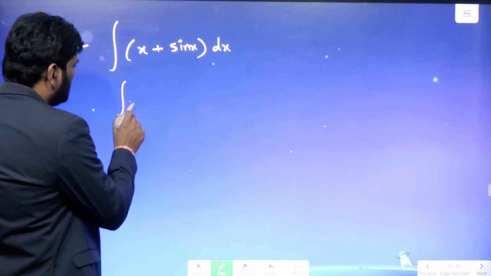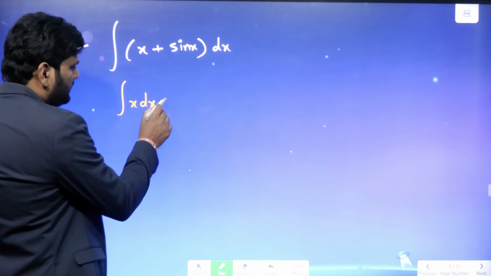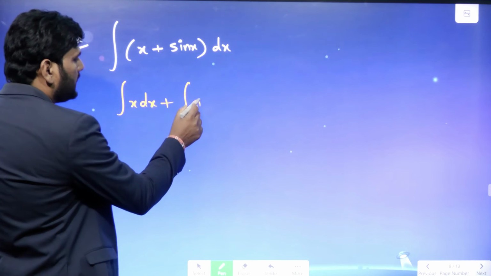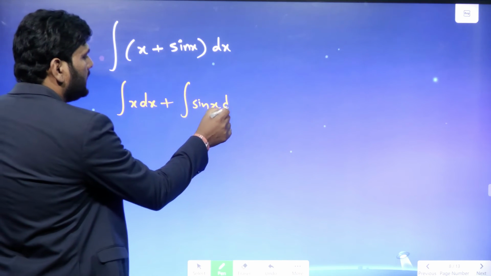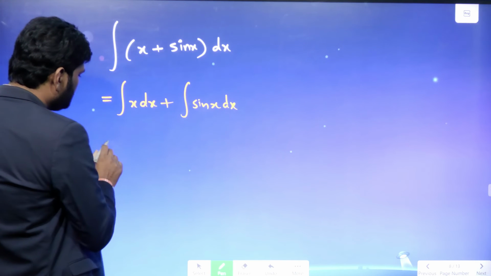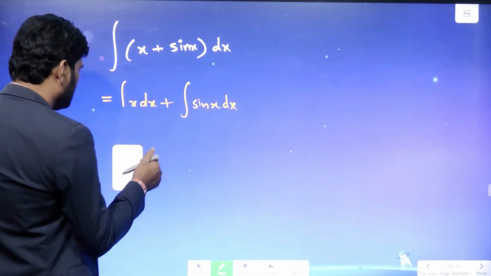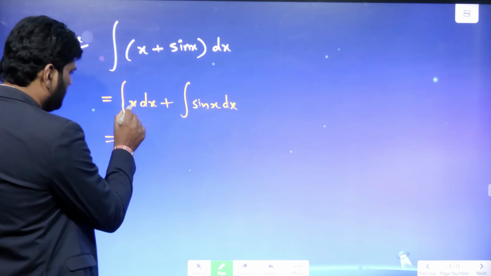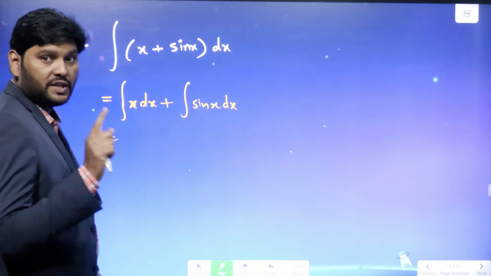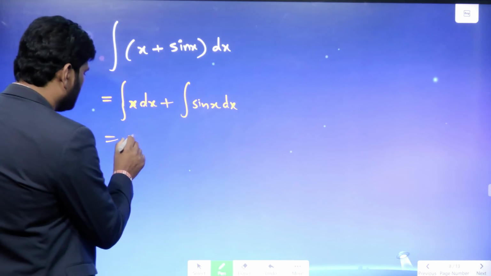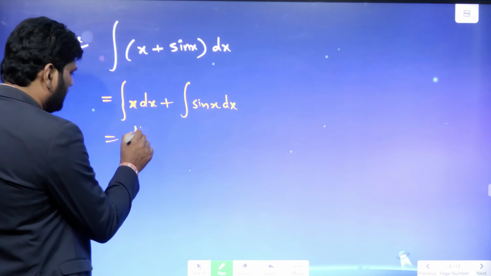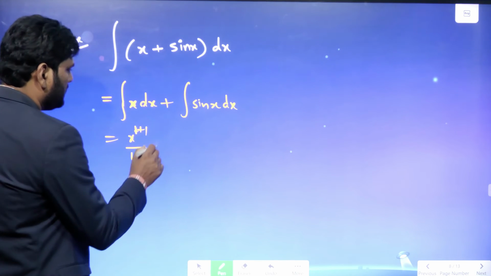Integral x dx is one term. Integral sin x dx is one term. You know integral x dx: by applying the general formula, x power 1 plus 1 by 1 plus 1.